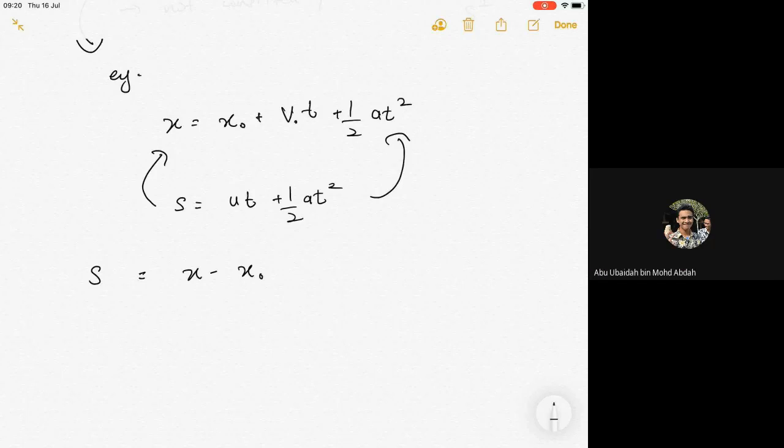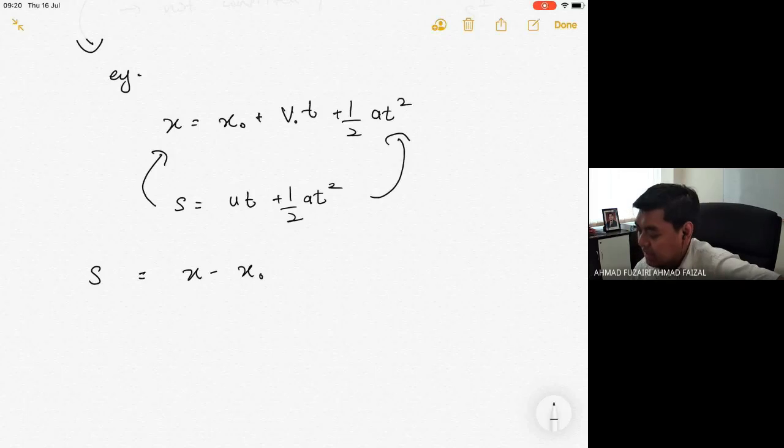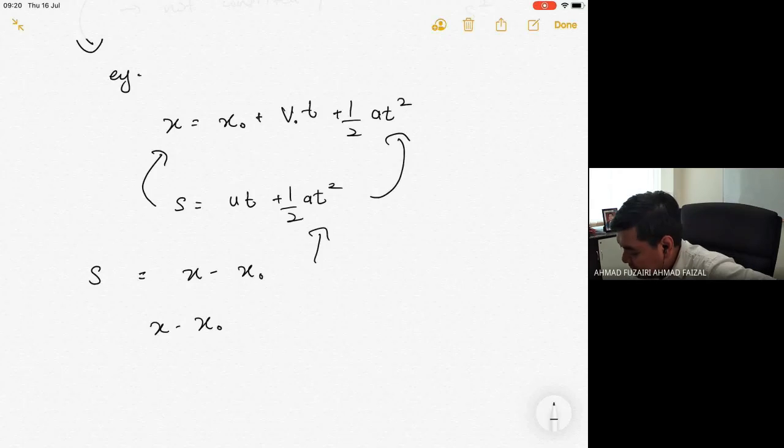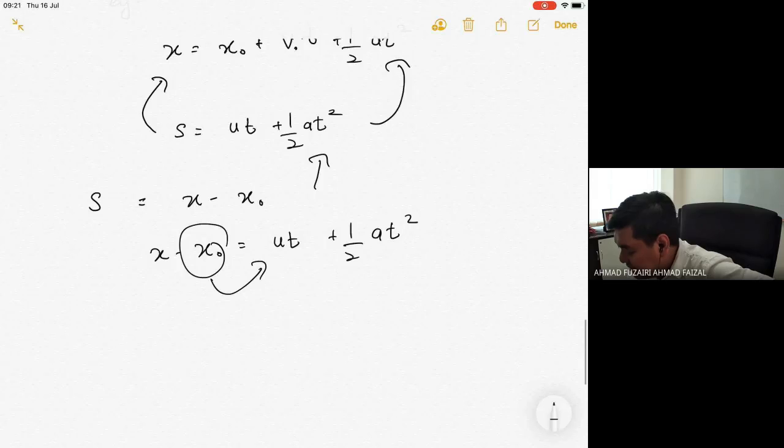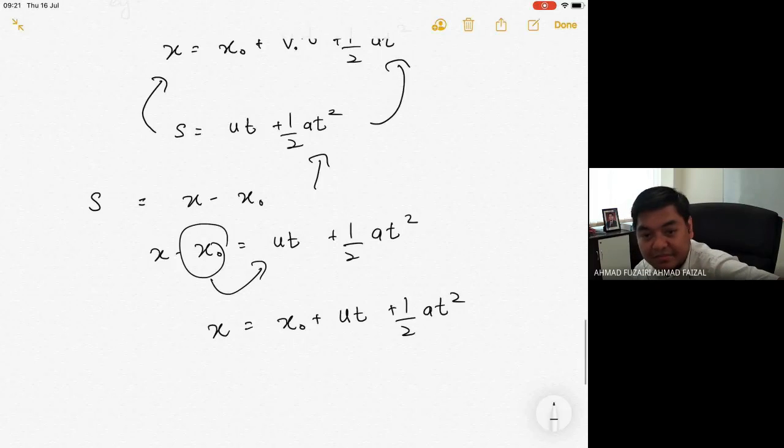So kalau equation dekat atas tu saya ubah, dia akan jadi X tolak X naught equivalent to UT plus half AT squared. So saya ambil yang ni, saya pindah belah sini. X equals to X naught plus UT plus half AT squared.